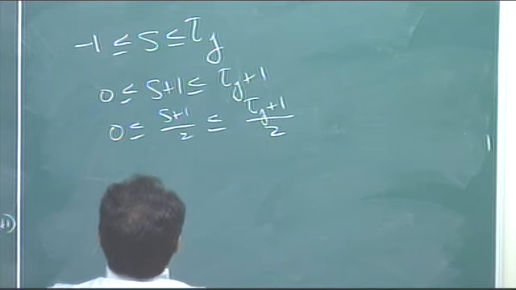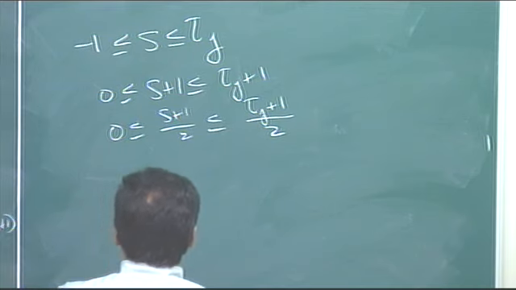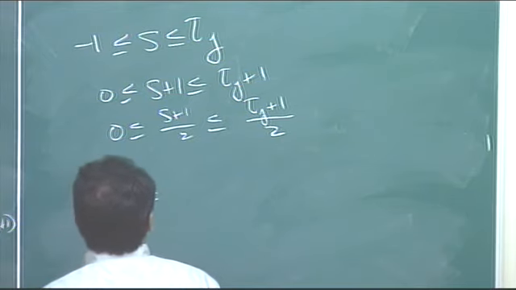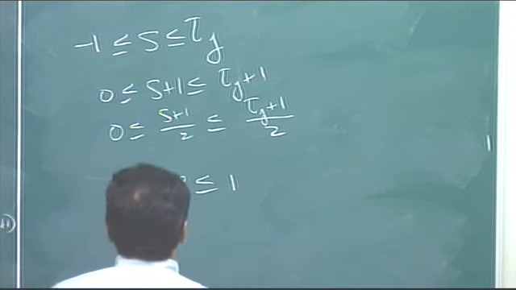So how am I going to get this interval to map to -1 to 1? Suppose I want to start with -1 to 1. Let's call this new variable zeta, which goes from here to there.